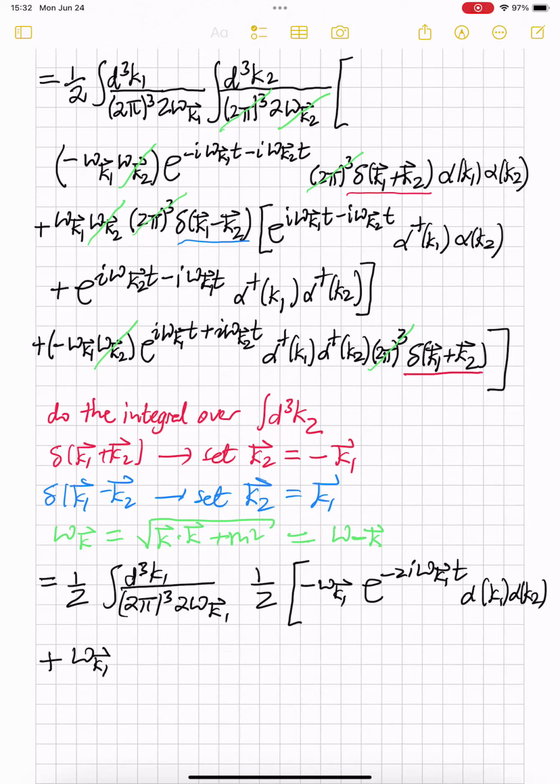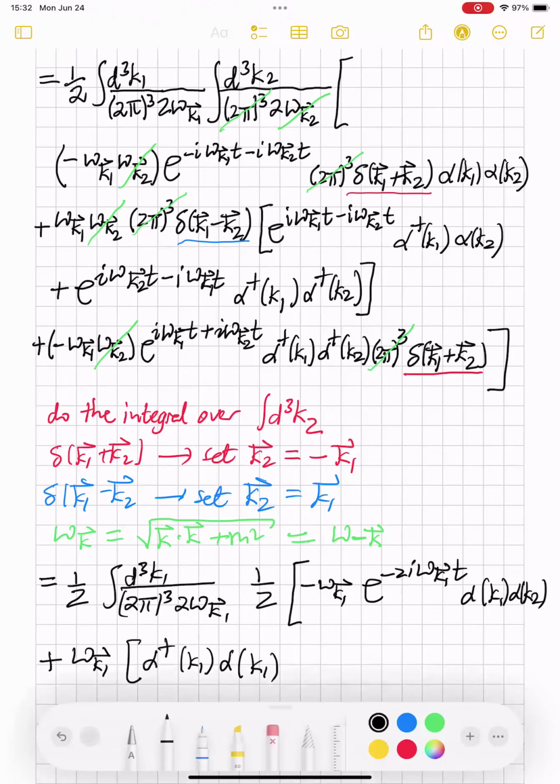So we get e to the power of naught, which is just 1. So that exponential disappears completely. And then what we've got is alpha dagger of K1, and we've got alpha of K1 again.